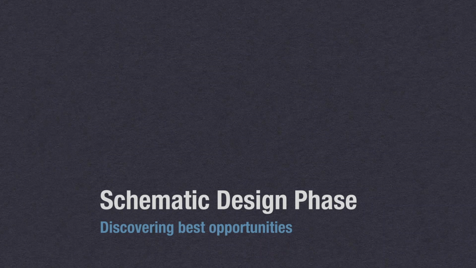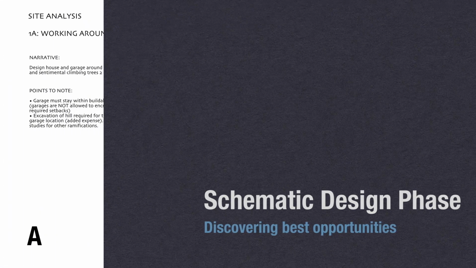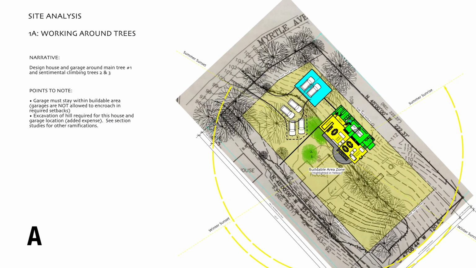So then the next step is to take all of your good goals and wishes for your project and start to sketch out what opportunities we have to meet those goals. So we'll usually come back to you with a series of design sketches.